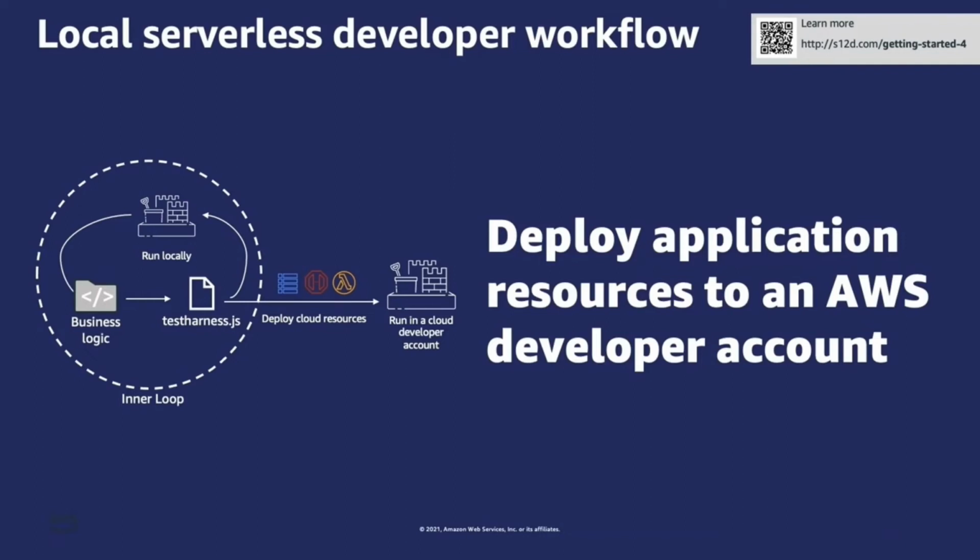You'll need to start testing your IAM resource policies, your security and authentication. Very quickly, you're going to have to upload your application resources to an AWS account. And we recommend to deploy that to an AWS developer account. So this is an account dedicated to each developer just for running their application.